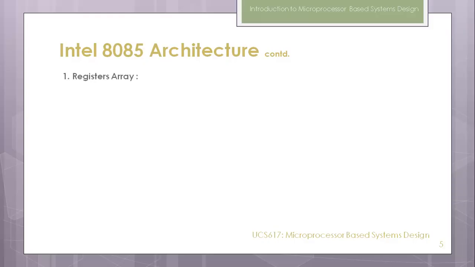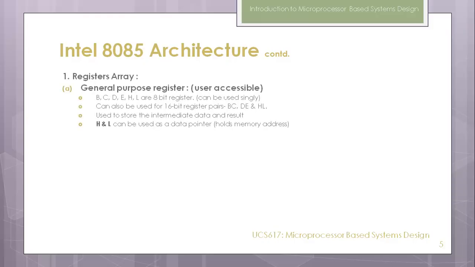Now see the register array. The register array includes many types of registers. Category number 1 is general purpose registers. These are user accessible registers. In this category we have 6 registers: B, C, D, E, H, L. These are all 8-bit registers.